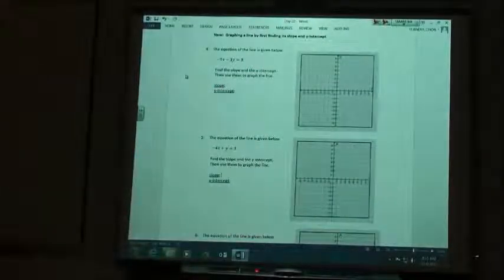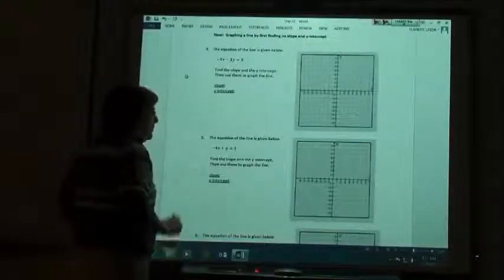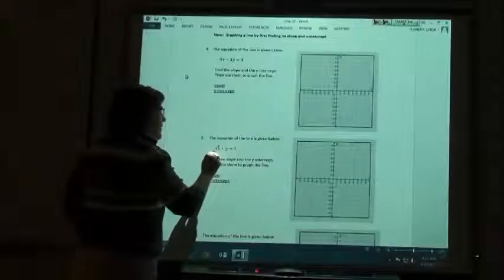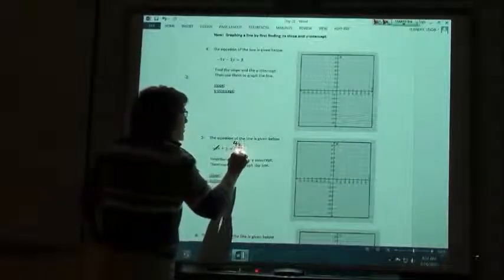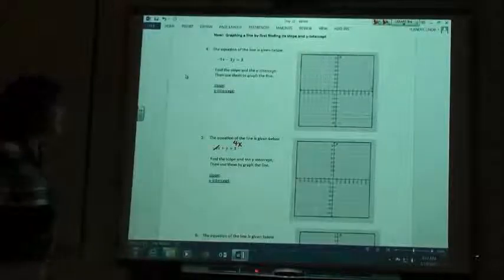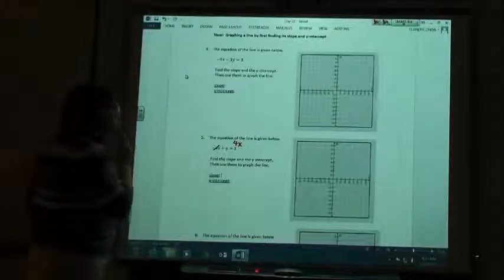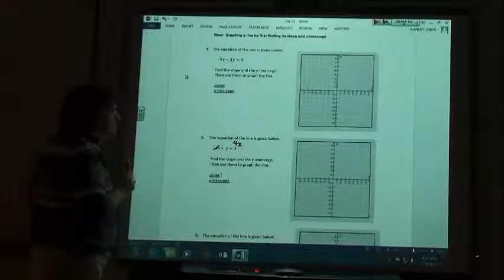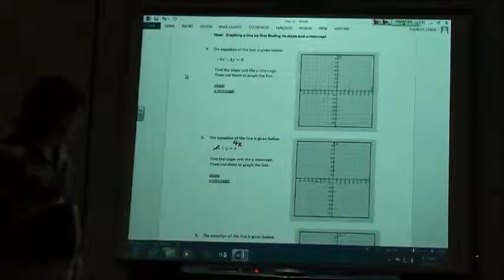So, number 5. If I'm going to solve that equation for y, the first thing I'm going to do is move your negative 4 to the right. So it's going to be positive 4x. So now my equation's going to say 4x equals y plus 1.